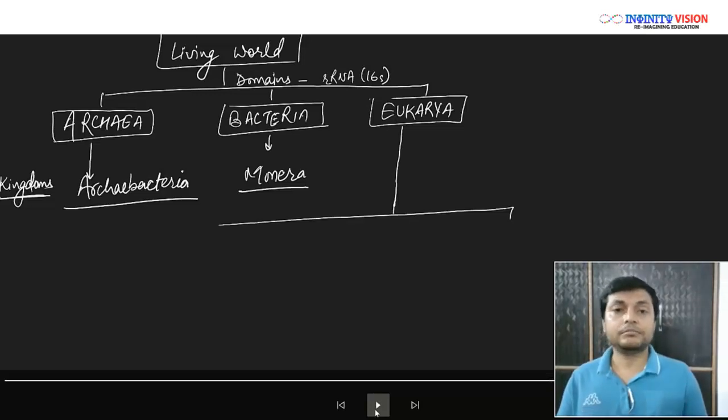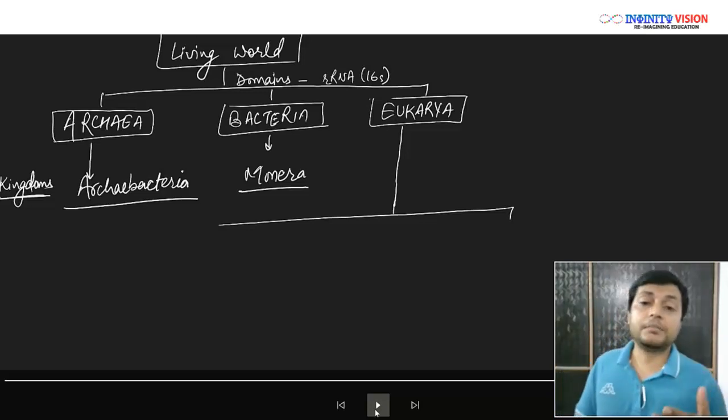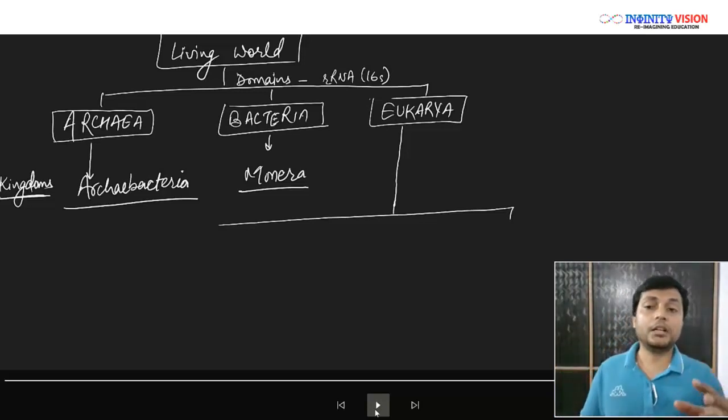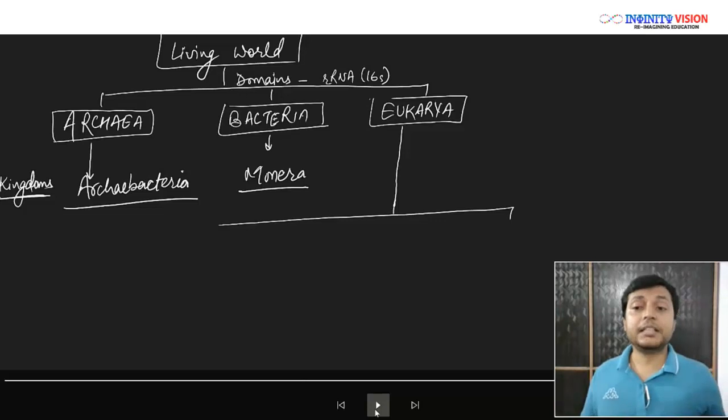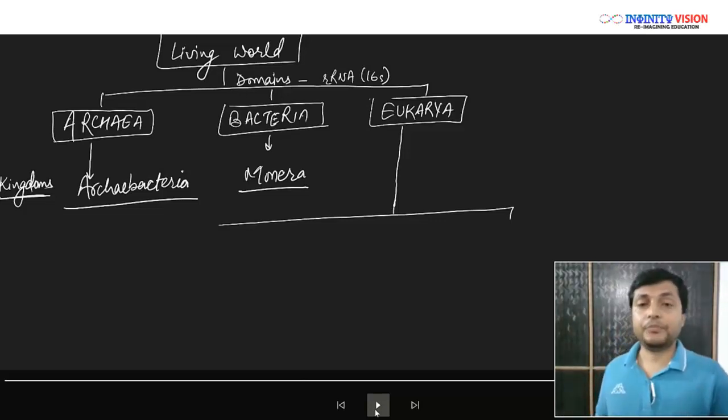So what is happening is, in the five kingdom classification, the kingdom Monera contains both archaebacteria and bacteria, that is eubacteria. As per Carl Woese's six kingdom classification, the archaebacteria and eubacteria have been separated into two different domains, that is archaea and bacteria, with different kingdoms, archaebacteria and Monera respectively.